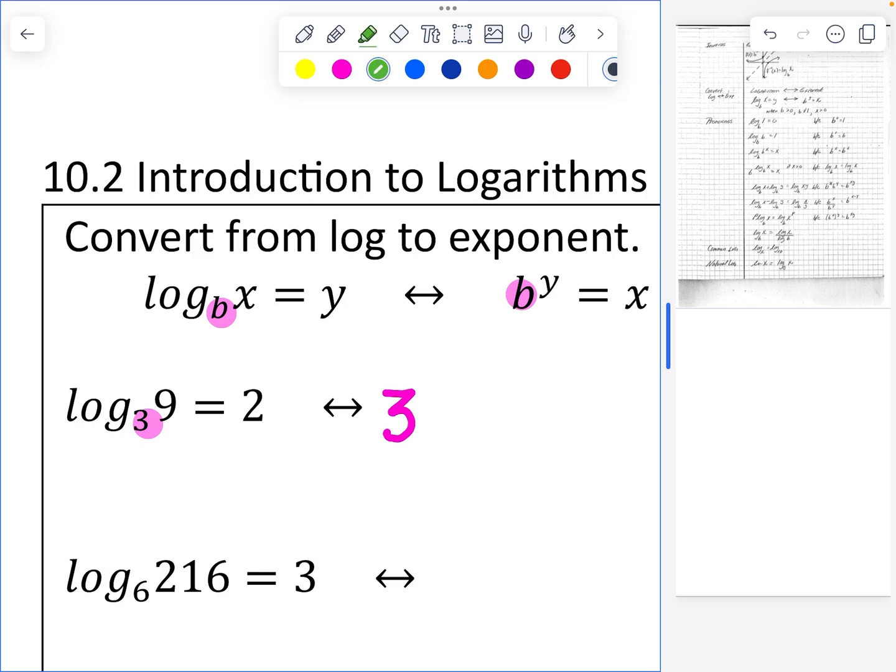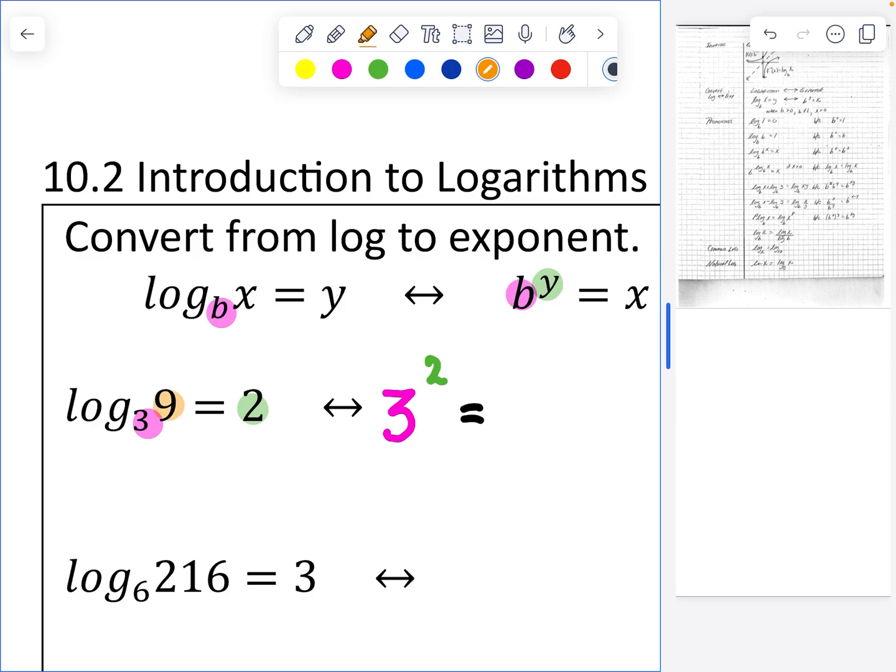Then we have this number right here, which is going to be our power number. So we are going to have 3 squared is equal to the number 9. And the number 9 is right here.